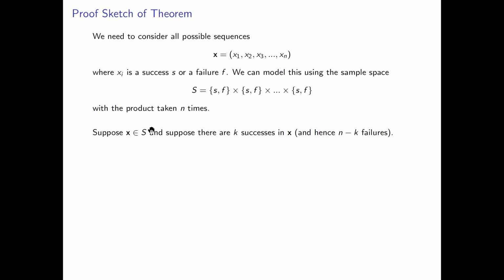Now let's suppose we fix one such sequence of trials, this boldface x, and suppose that this sequence had k successes in it, and in particular, if it has k successes, it has to have n minus k failures.